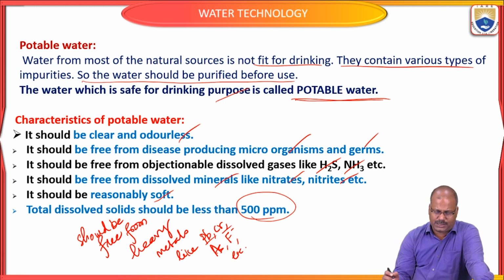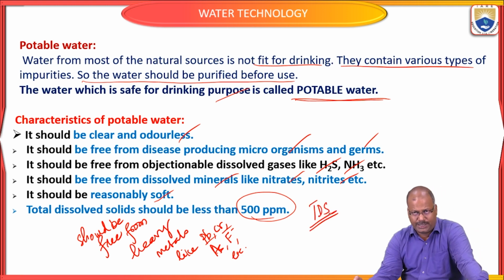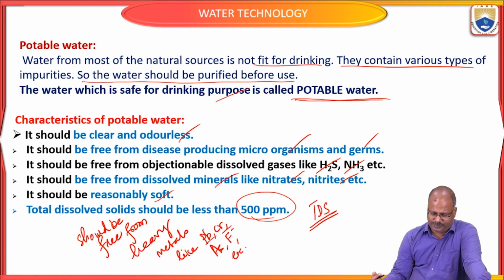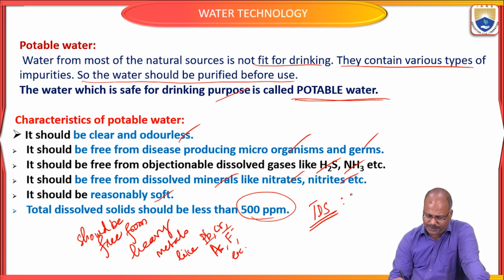And TDS, total dissolved solids, is very important in any water. TDS should be less than 100 ppm. TDS is nothing but total dissolved solids.